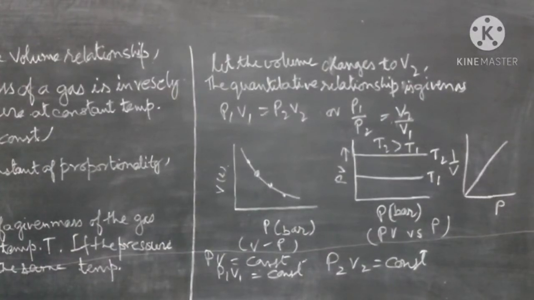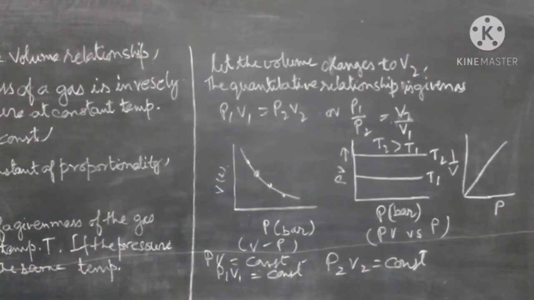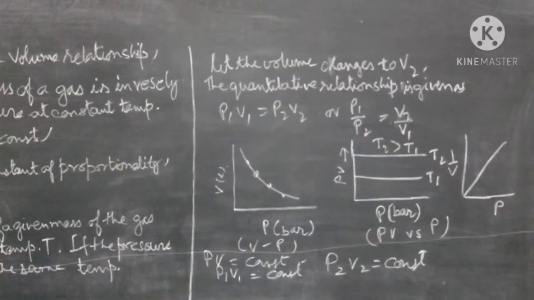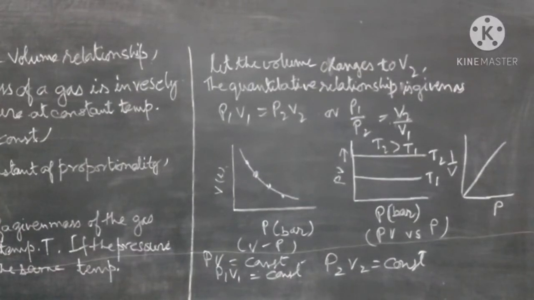So we can also relate the density of the gas with Boyle's law. Density is equal to mass upon volume, so we can replace mass upon volume by the density.